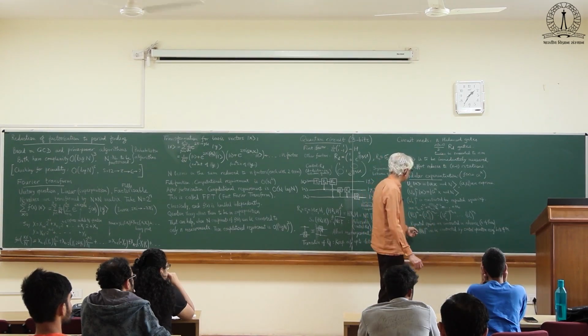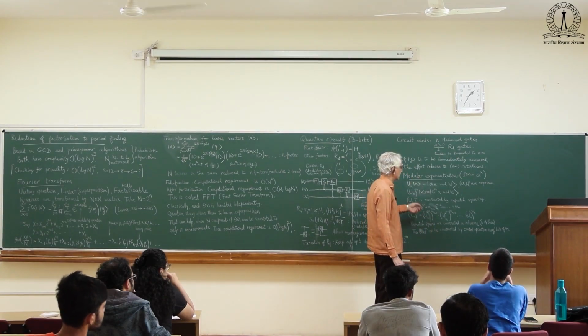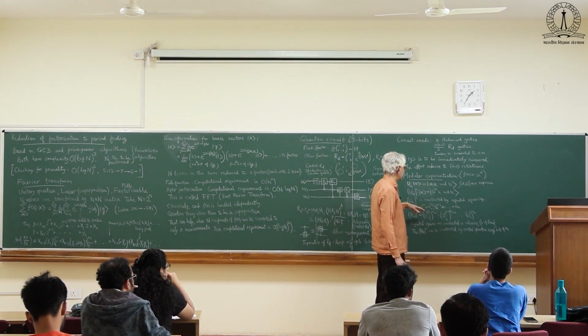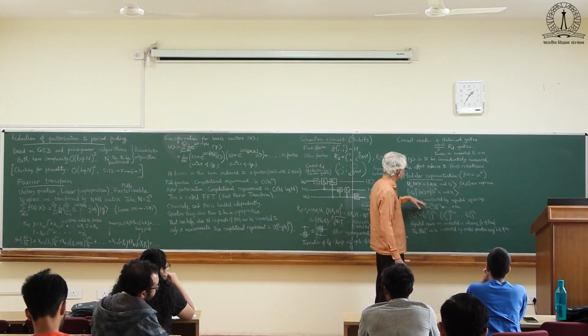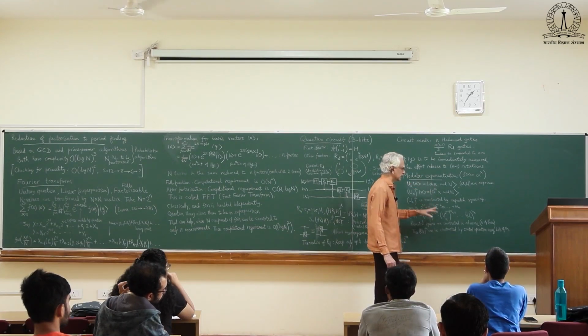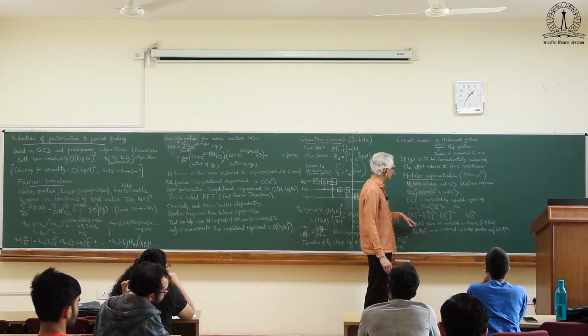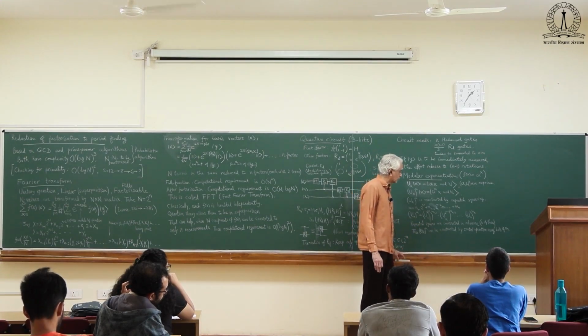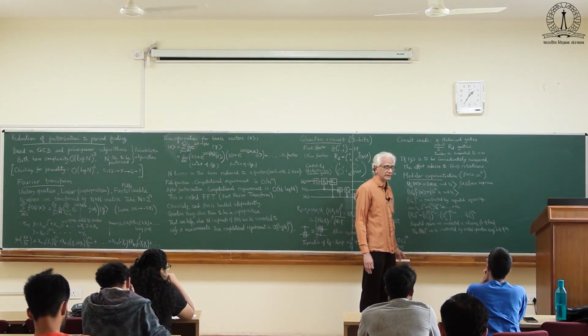And this strategy is called modular exponentiation. It is classical in its construction, but I am writing it again in a notation with these unitary matrices, because in the quantum language that is how it will appear.